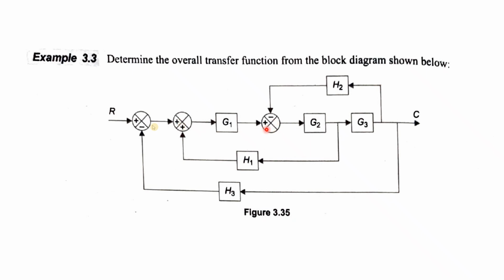The third summation point has a feedback which is actually coming from the top, because this is also a feedback, not adding, since it is negative. A feedback can be from the top also, because the concept is that any signal coming from the output and being compared with the input signal is called the feedback. So here H2 is the feedback.